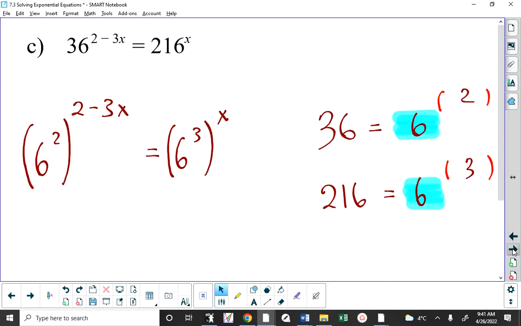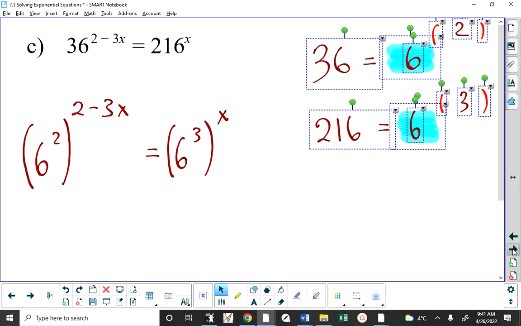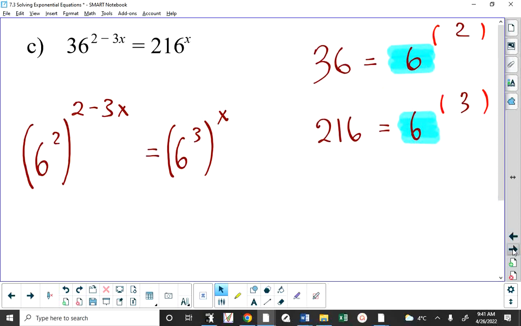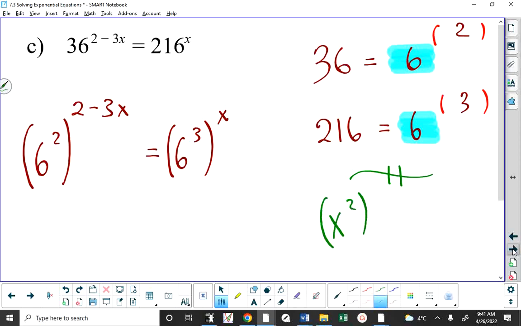And now what we need to do is go back to grade 9, grade 10, grade 11. You talk about these exponent laws quite often. When you have, say, x squared cubed, that's equal to x to the 6. This is what is typically called a power of a power.